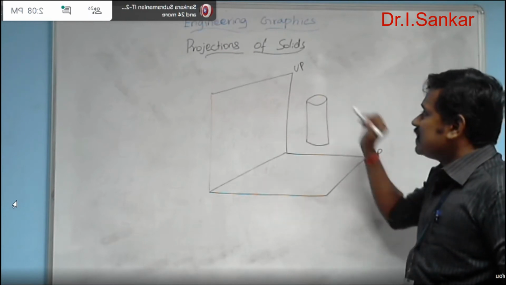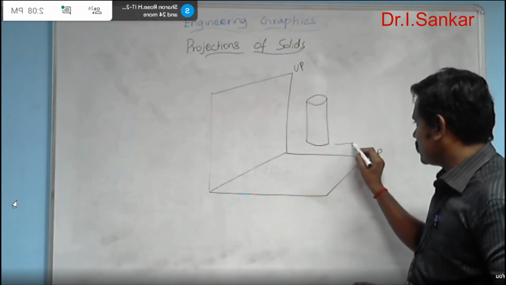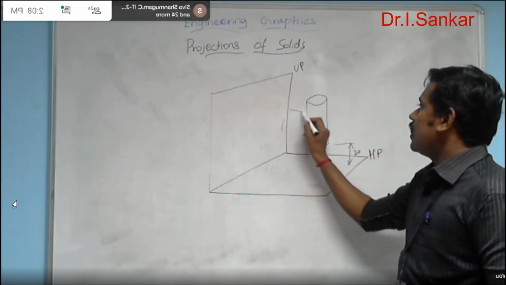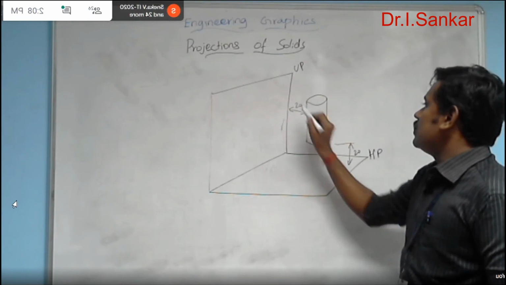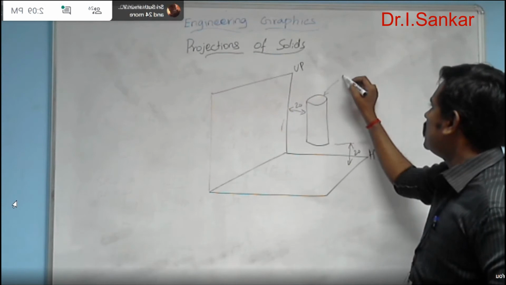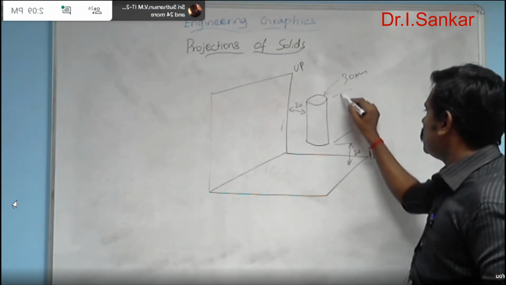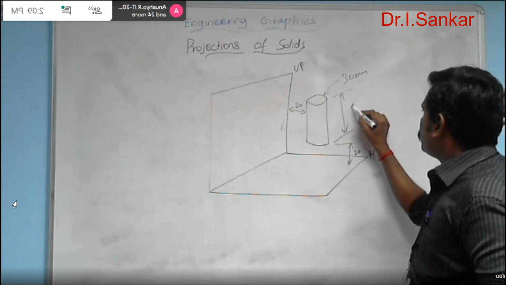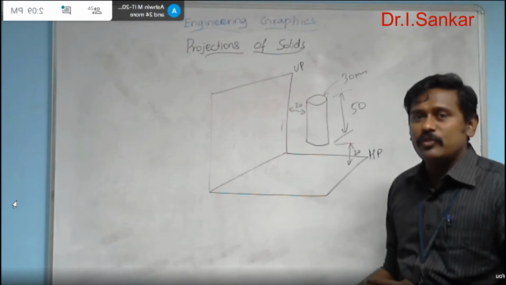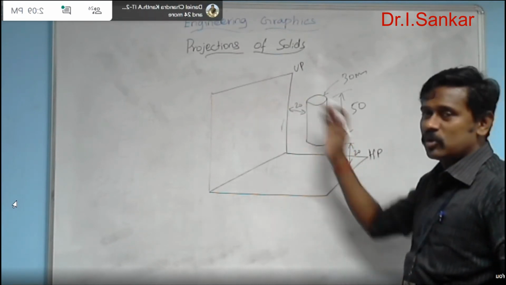The cylinder is placed 20 mm above the horizontal plane and 20 mm in front of the vertical plane, and the diameter of the cylinder may be 30 mm and the height 50 mm. In that way we have specifications related to the dimensions of the solid and its distance with respect to HP and VP.